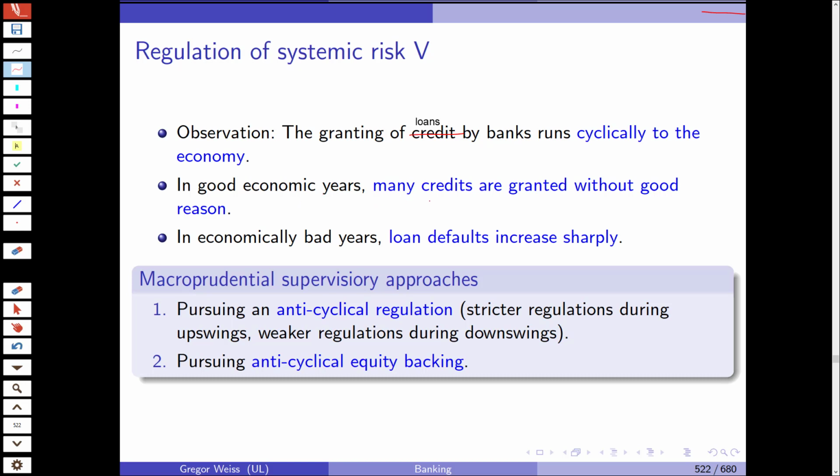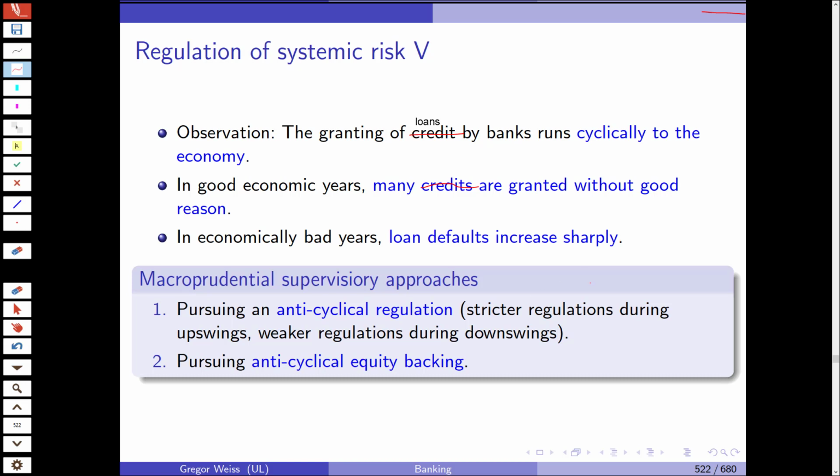So in good times, many loans are granted without good reason. And in economically bad years, loan defaults increase sharply, and actually also good companies don't get a loan. So good economy, high lending; bad economy, low lending.